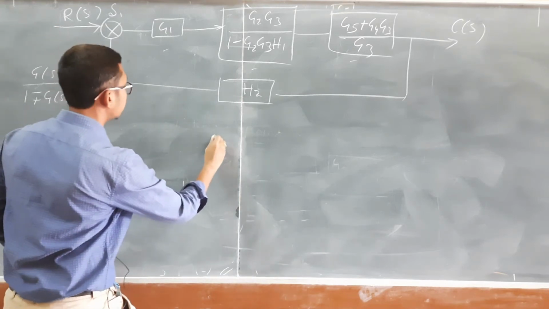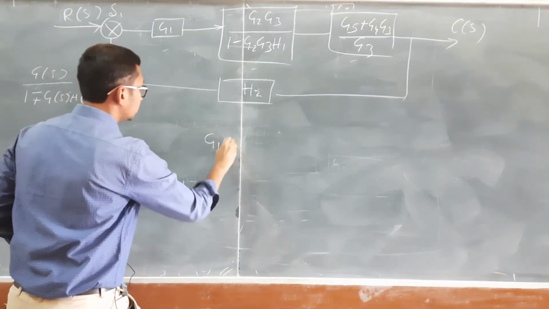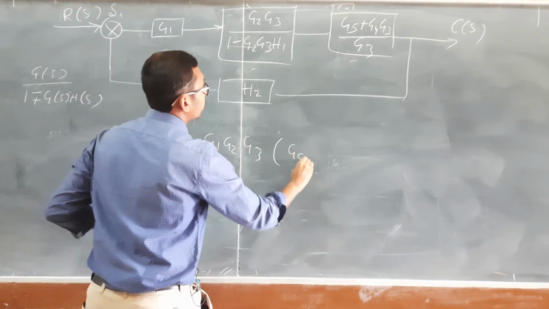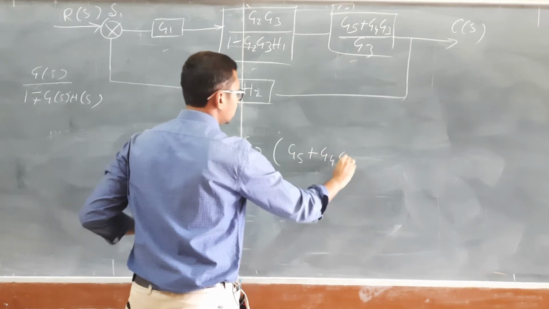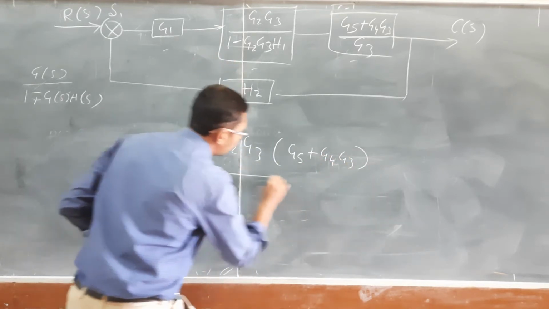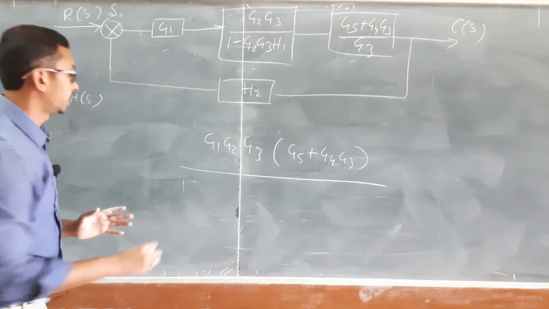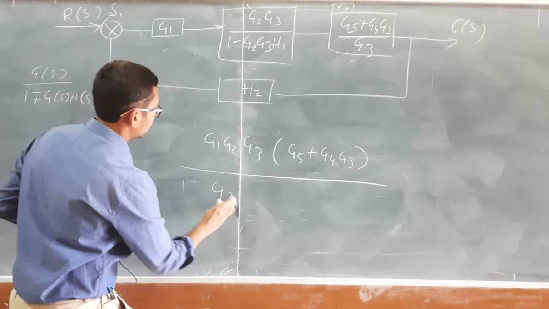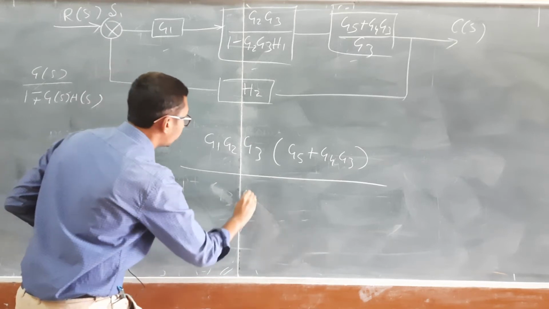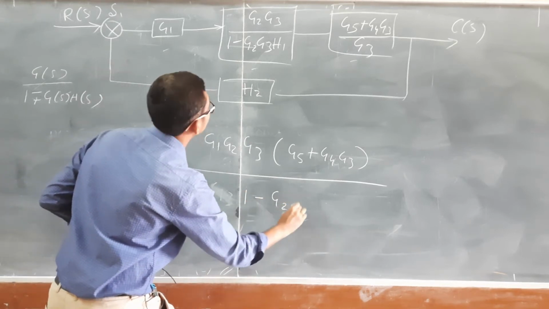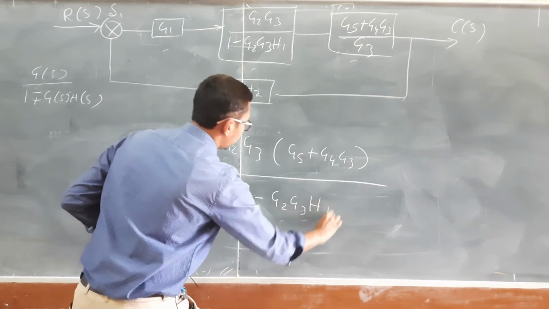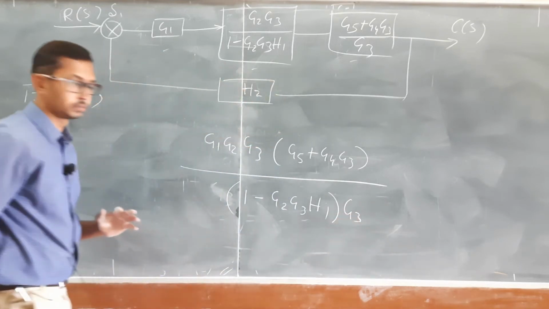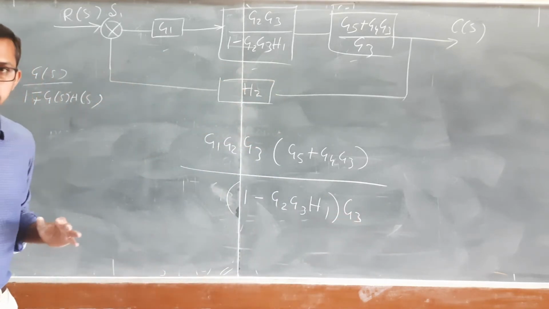So this will be G1, G2, G3 into G5 plus G4, G3 divided by, doing the multiplication, G3, right? So 1 minus G2, G3, H1 into G3. Okay, so this is a block I am getting.